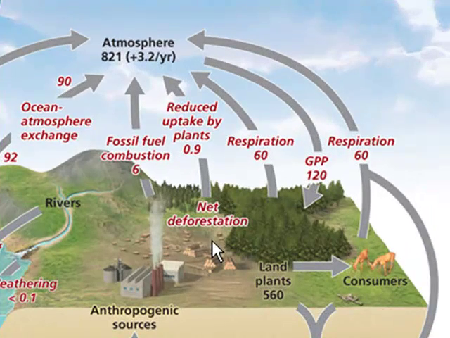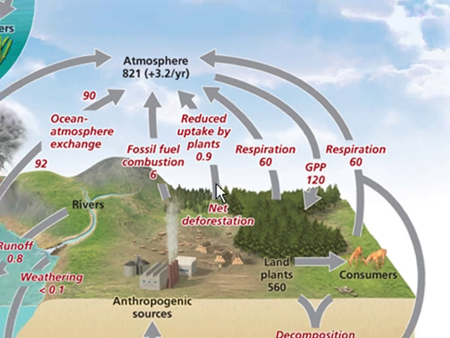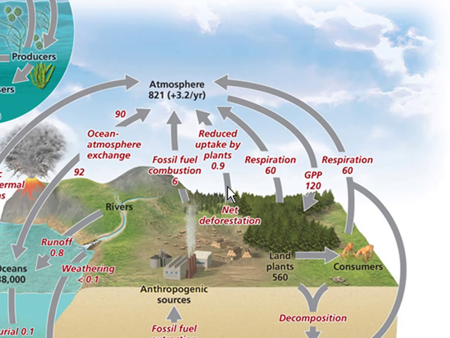Another key important point here is net deforestation. As we deforest the planet, there is a reduced uptake by plants, right? And if they don't uptake the carbon dioxide through gross primary productivity, right, it stays in the atmosphere.